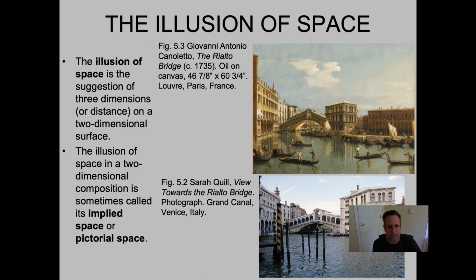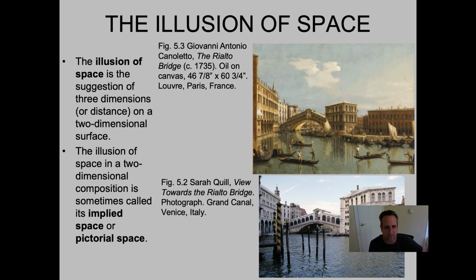The illusion of space. If you've taken a drawing class, you've talked a little bit about perspective and the illusion of space. Perspective is really relatively new, the discovery of how to take a three-dimensional spatial idea and put it on a flat canvas.